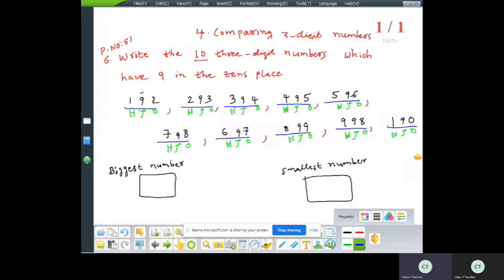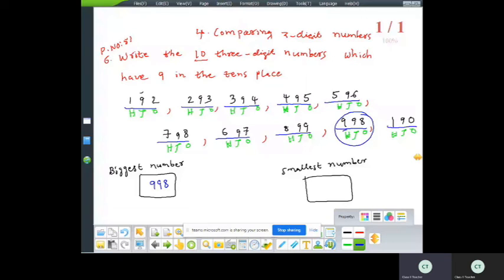Okay, students, from these 10 numbers, which is the biggest one? Which digit is in 100 place? See here, in 100 place, here 1, here 9 is there. Yes, this is the biggest number, 998. The biggest digit in 100 place is in 998.